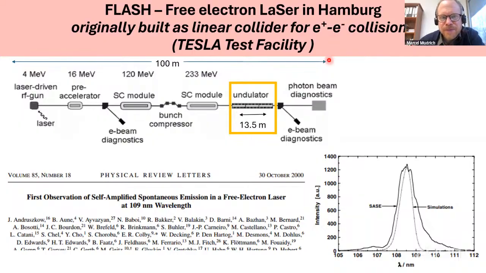But then it was realized that DESY cannot compete with CERN, the main European high energy physics institute in Switzerland. So they decided to convert both this linear accelerator into a free electron laser and the ring accelerator into PETRA II at the time, now PETRA III, a synchrotron radiation source.